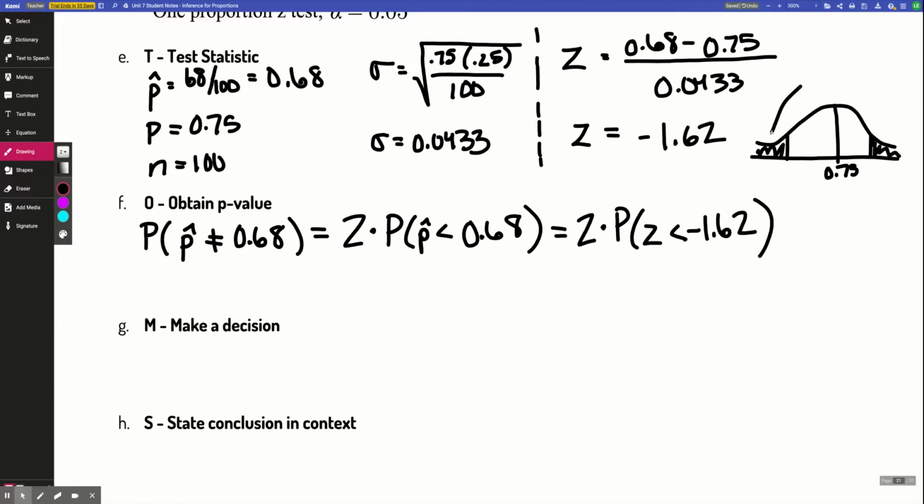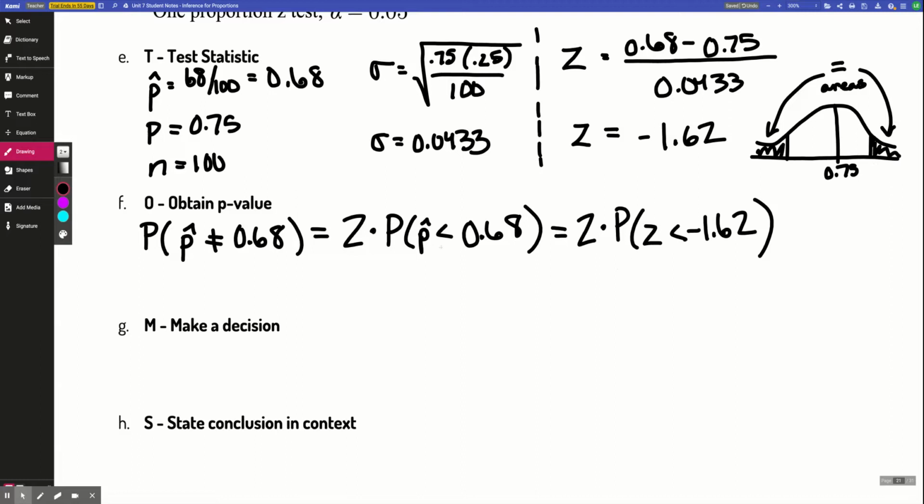But remember that the areas here and here are equal. So if you find the area to the left, then you can just multiply it by 2, and you'll get the total area in both tails.